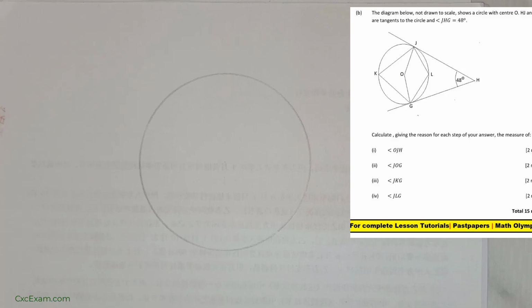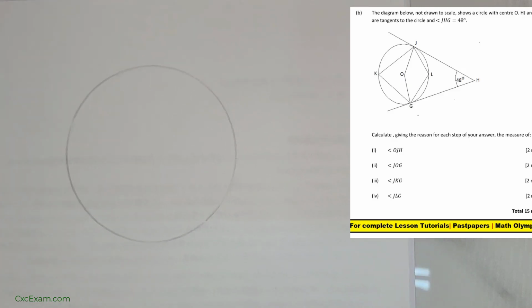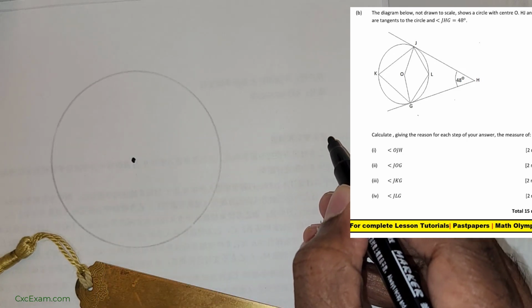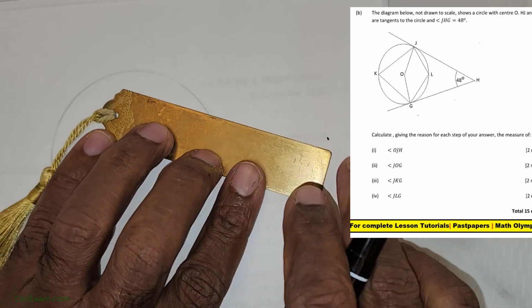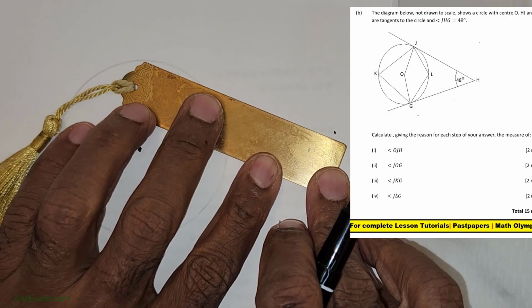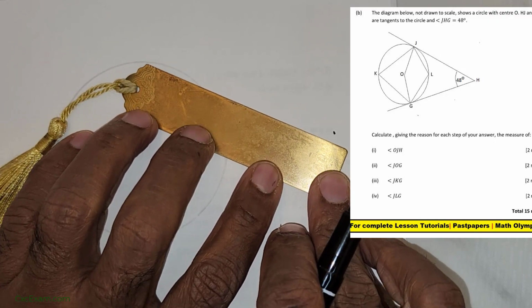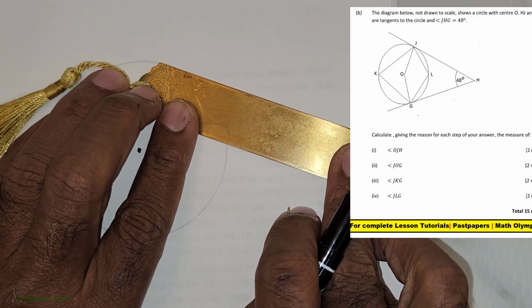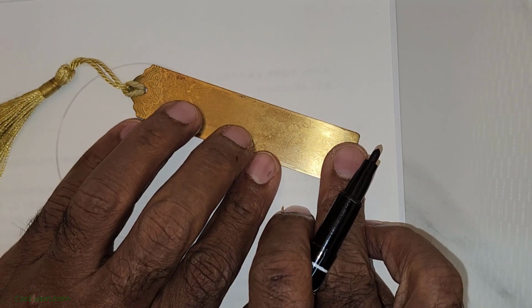So let me draw the tangents. So there is the center and you have point H. There are two tangents hitting parallel.